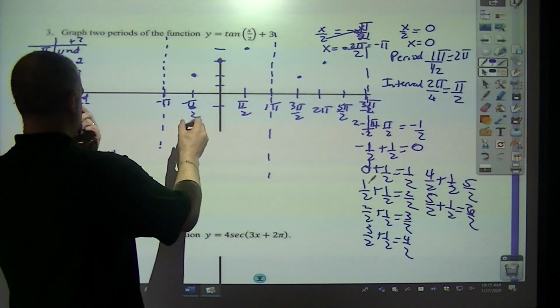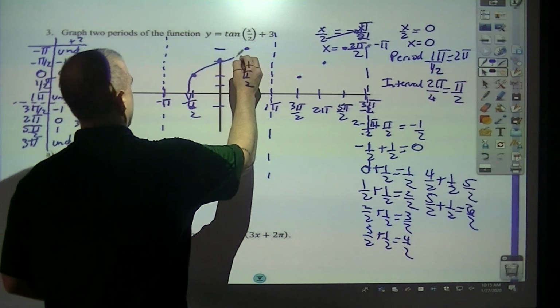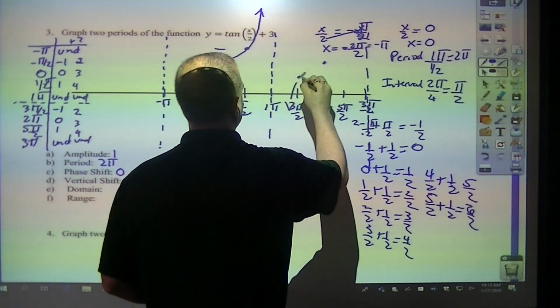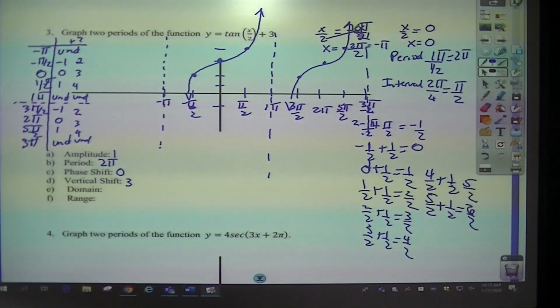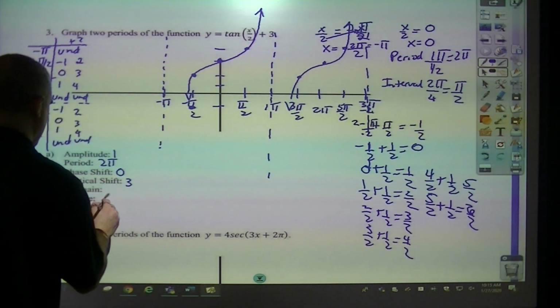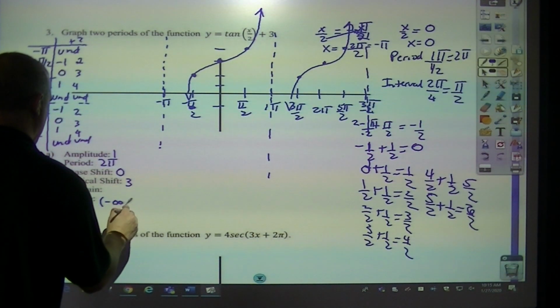So my graph looks like this. My range is easy: the range is going to be all real numbers.